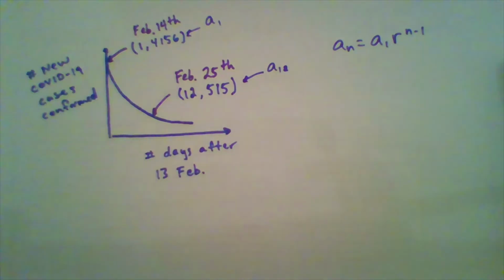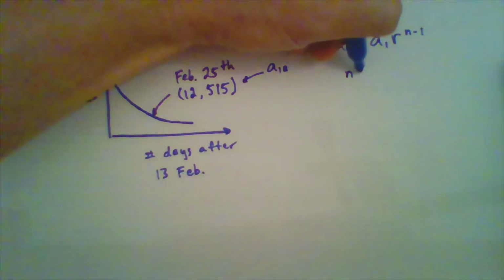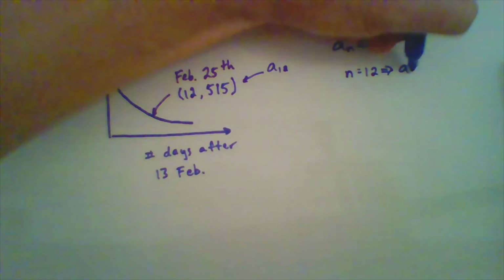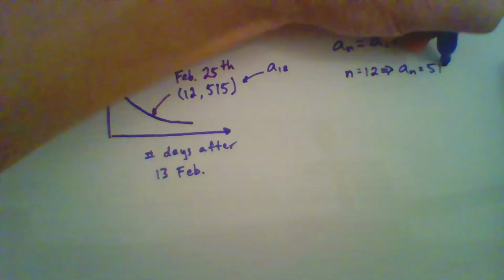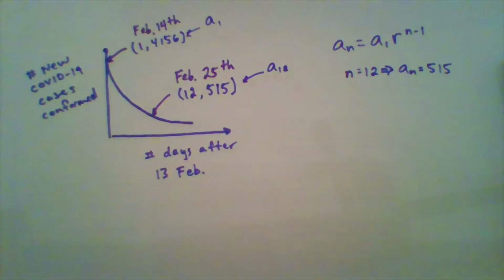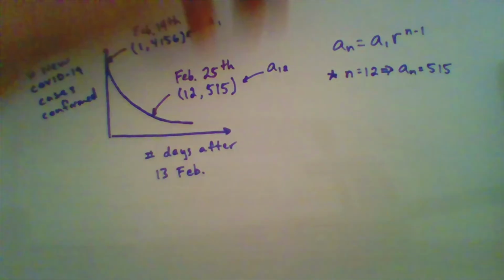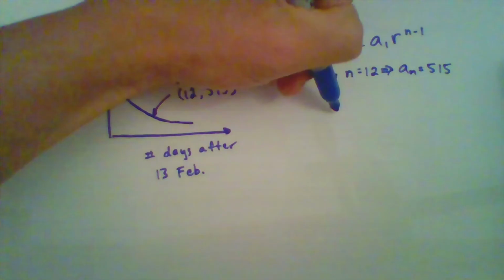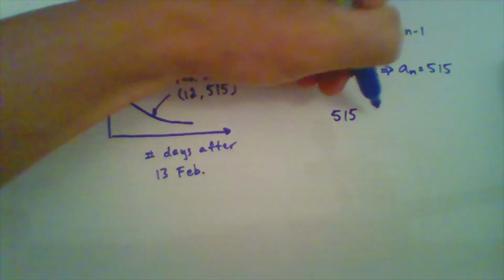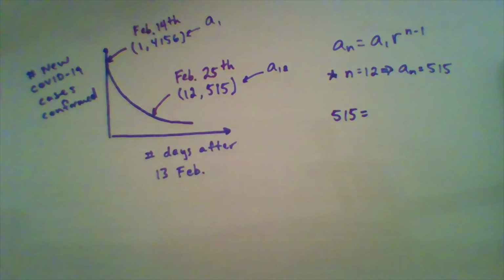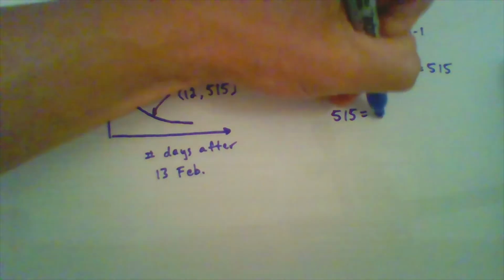So we know that when n equals 12, an equals 515. Okay, so we can take that information and plug most of it into this model. So let's see, an is 515, a1 is the first term, 4,156.